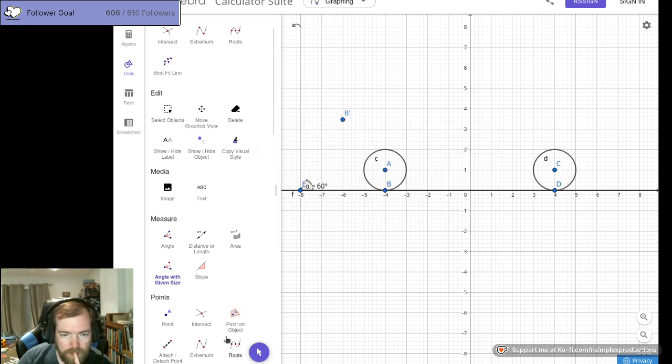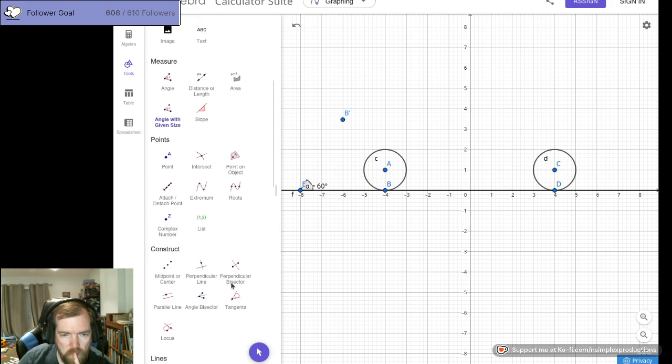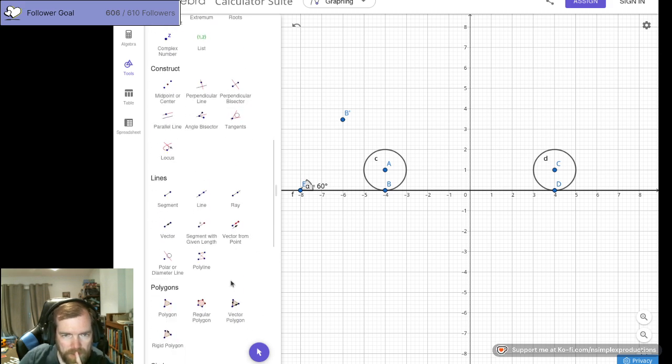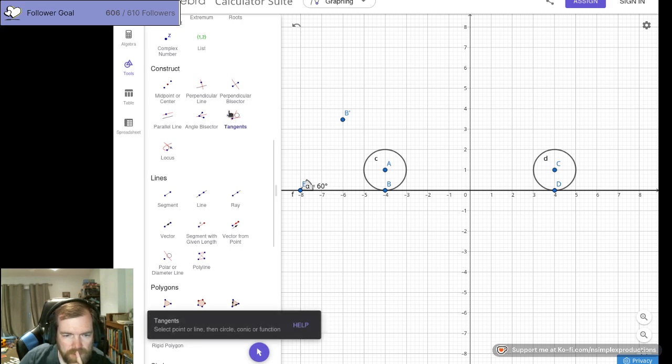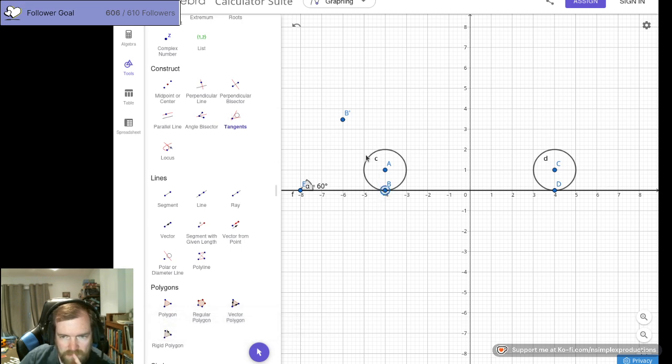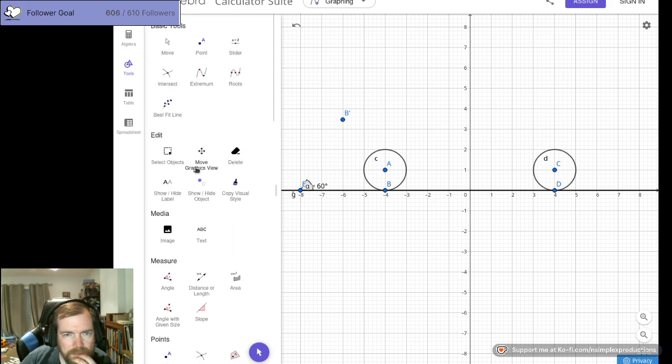Right, so now, oh boy. Tangent, how does this work? Select point or line, then circle. Polar diameter line, no. So we want a tangent that has this given angle or is parallel to that line. That's going to be the problem.